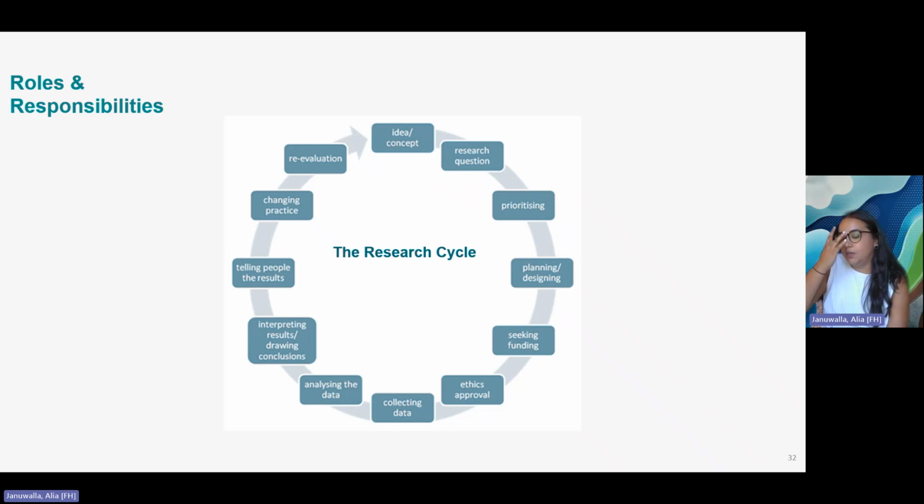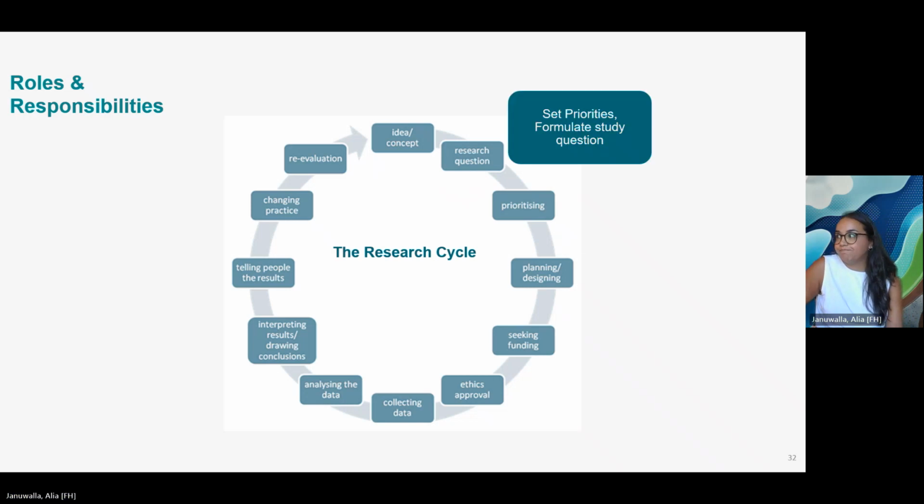Those activities that typically happen in a research study are typically activities that a staff person would do and not a patient partner. And it's really important to designate a staff person to do some of those project management, communication and coordination pieces to ensure a consistent and smooth project.